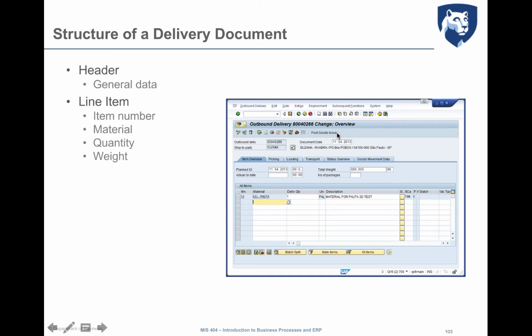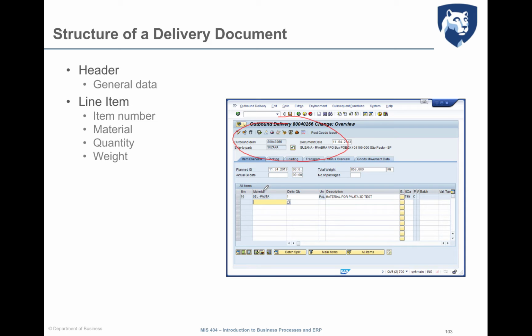Again, this is the structure of the delivery document in SAP ERP. You have a header where you have general data like the outbound delivery, the ship-to party and document date, and then you have line items, so different tabs where you can see the characteristics of the different line items that need to be delivered.